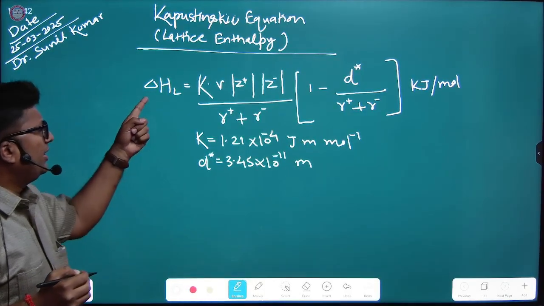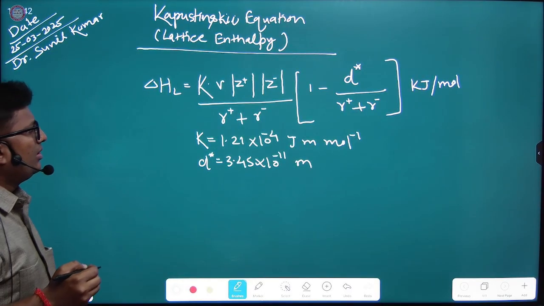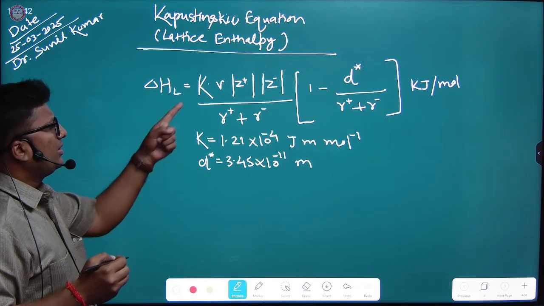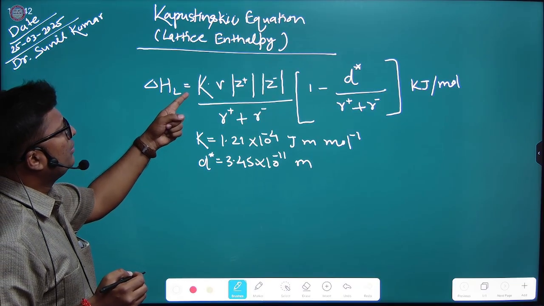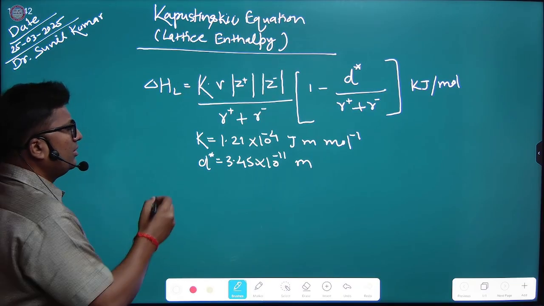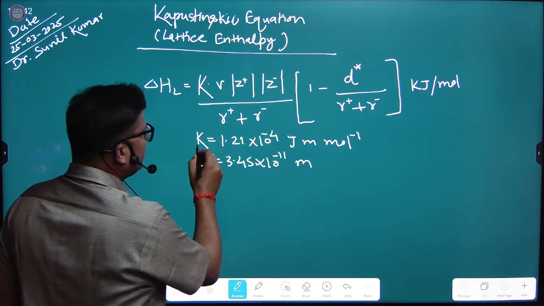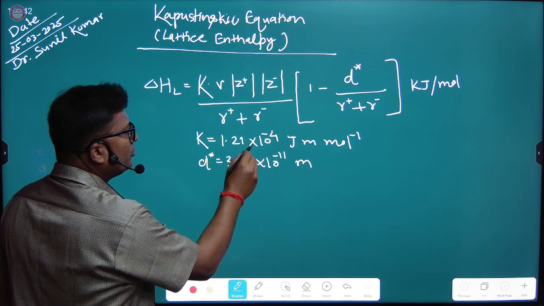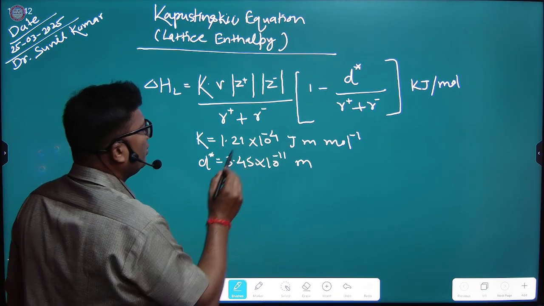Where delta HL indicates the lattice enthalpy of an ionic solid, K is the Kapustinskii constant. The value of this constant is 1.21 × 10^-4 joule meter per mole.